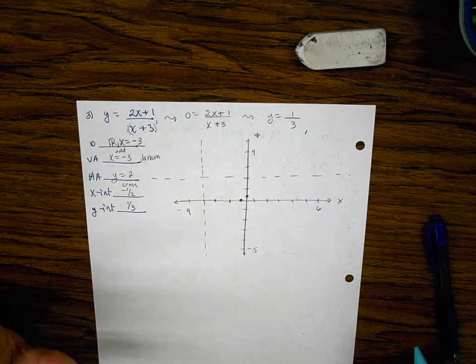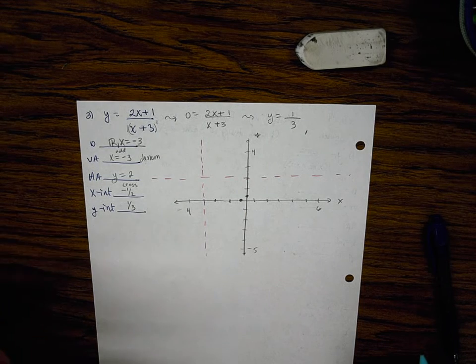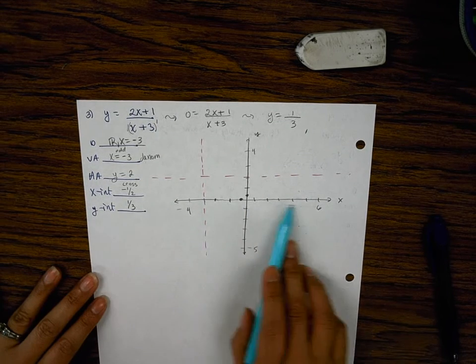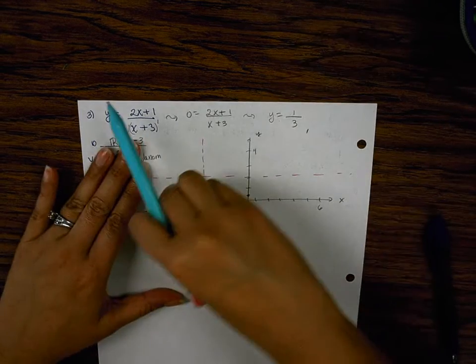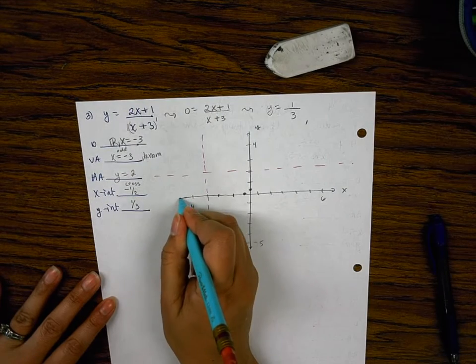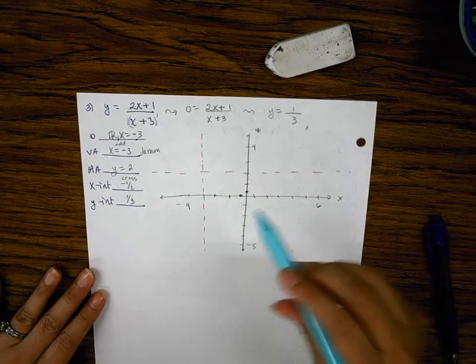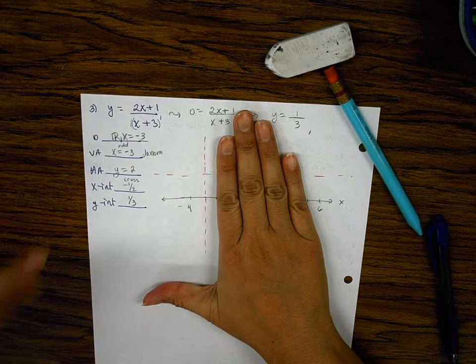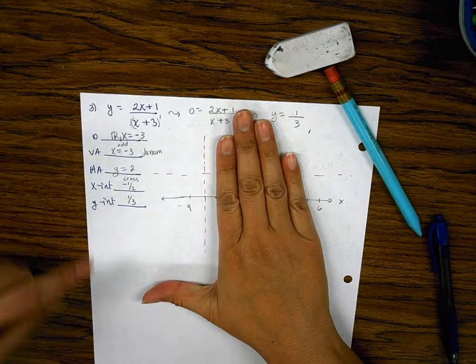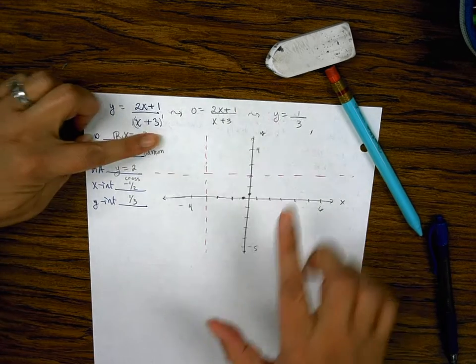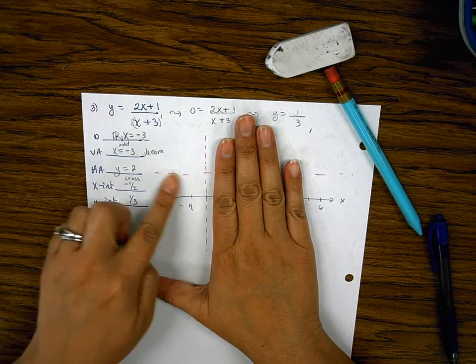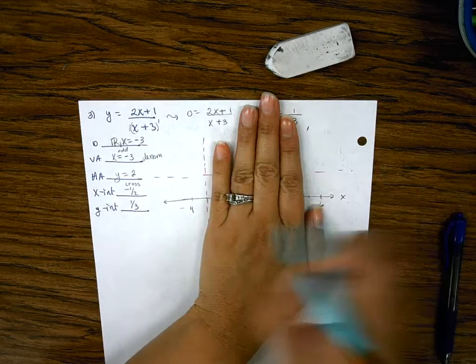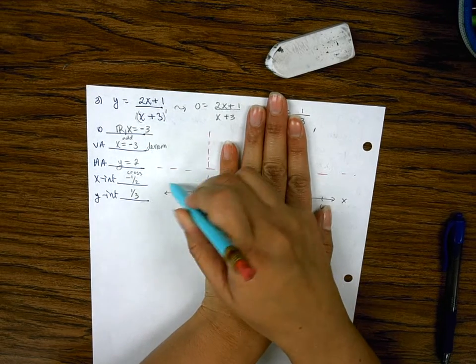Okay, so here's why we don't need to do test values, because my horizontal's no longer on the x-axis, I can use x-intercepts as a guide, and here is what I mean. Left half, I'm either top or bottom, and this time top is this top corner above the y equals 2, or the bottom, which is below the y equals 2. So it's either all in the top corner or all in the bottom corner.